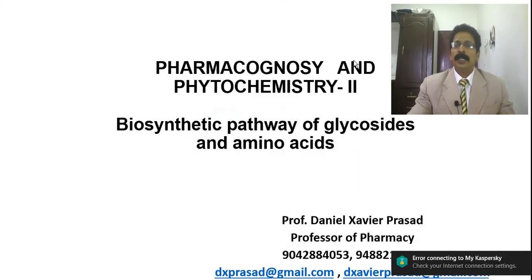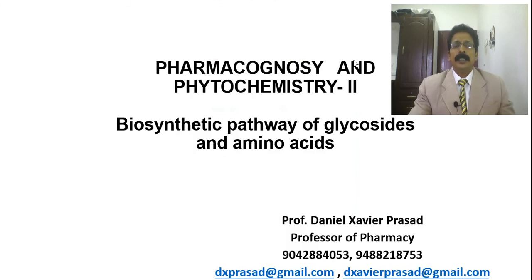So in this chapter we can discuss the biosynthetic pathway of glycosides and amino acids. I did not mention the flavonoids because most of them have some glycoside linkages, so they will be included in that, and we will discuss that.